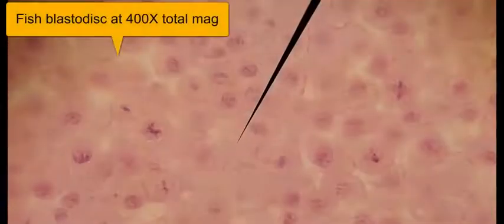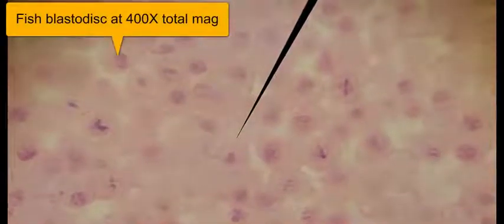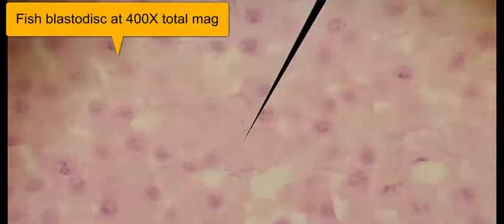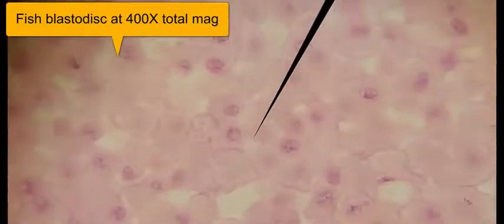This, and put it on the microscope, and here you can see to a slightly higher power, bring it into focus, and here you can see the fish blastodisc at 100 times or 400 times total magnification, with mitosis.